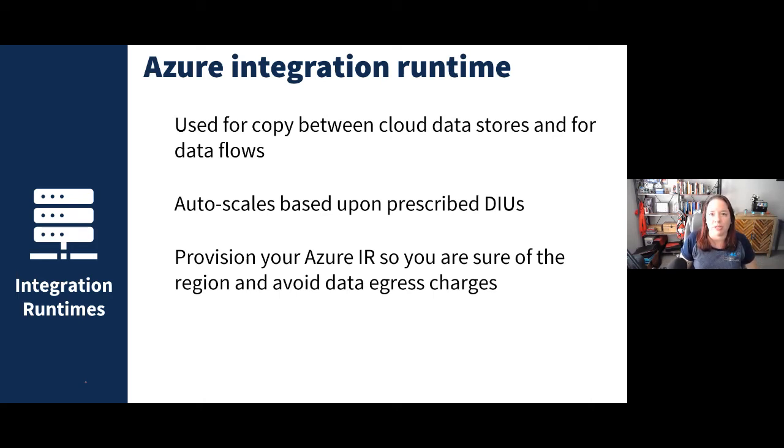If you use the auto resolve, it will spin it up closest to your data or in the region of the data factory. So it may or may not be the region you wanted it to be, and it may cause you to have some egress charges that you didn't want. So if you provision it, you know exactly where things are going to be.